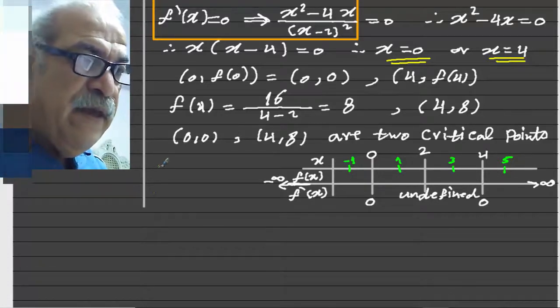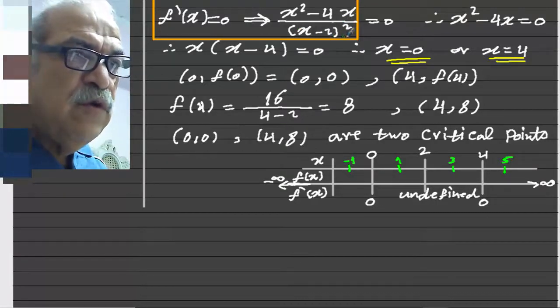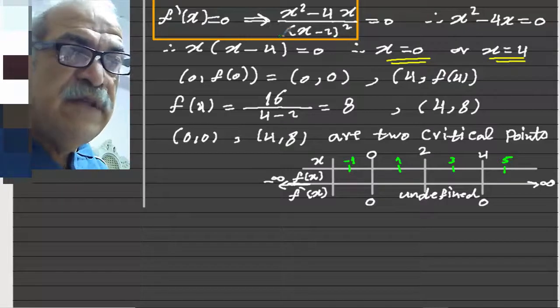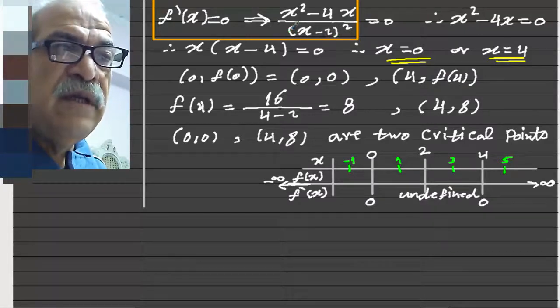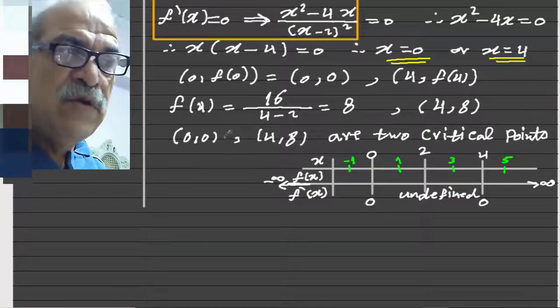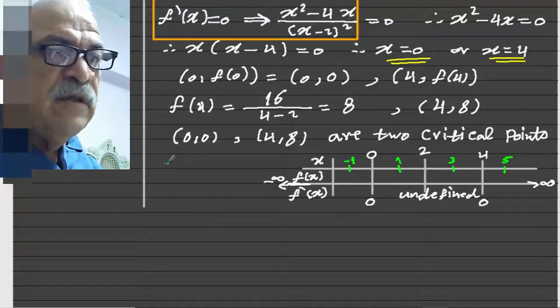Okay, here we have f dash of x equals x squared minus 4x over (x minus 2) all squared. Note that (x minus 2) all squared, the denominator, is always positive, right? Always positive. So the sign of f dash depends on the numerator. So we substitute.